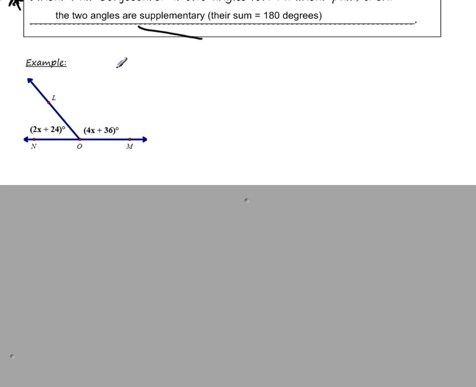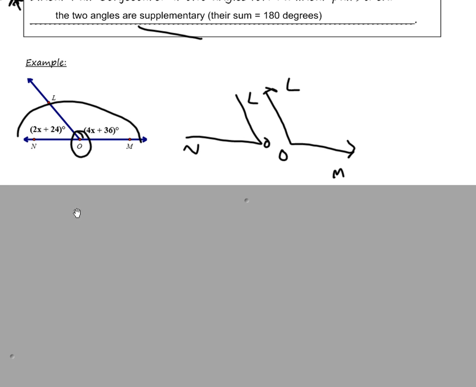All right, so let's look at an example. As you can see, angle LON and angle LOM, if we pulled them apart, they would not exist without LO. So they share a common ray and vertex. So these two are adjacent angles, and they lie on a straight line.